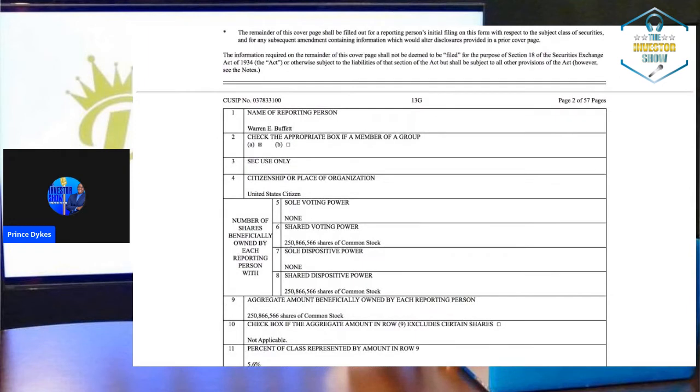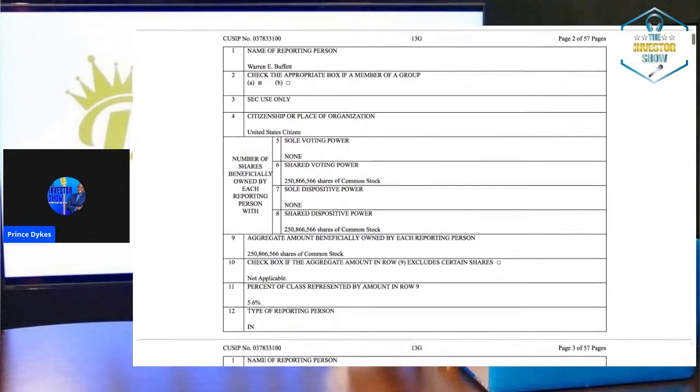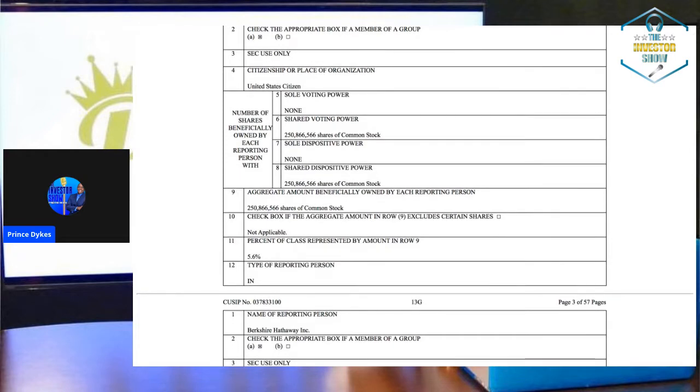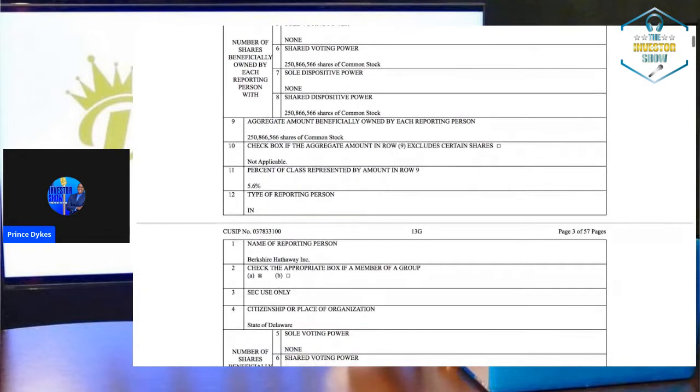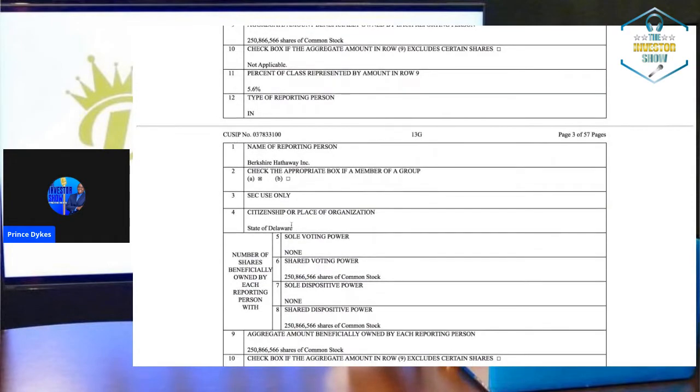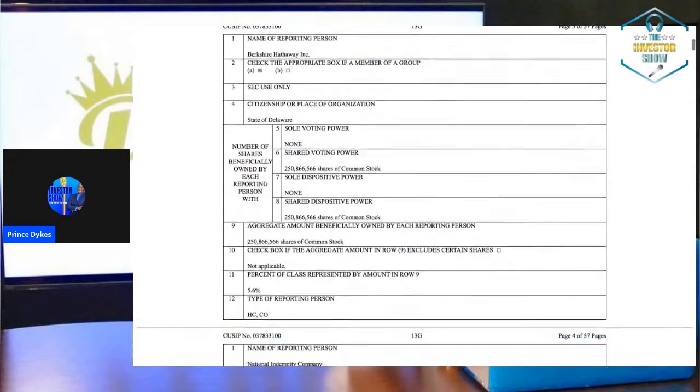He owns 250 million shares, 250,866,566 shares of common stock. Right here, he owns 5.6% of Apple. 5.6% of all the Apple shares is held by Berkshire Hathaway, registered in the state of Delaware.